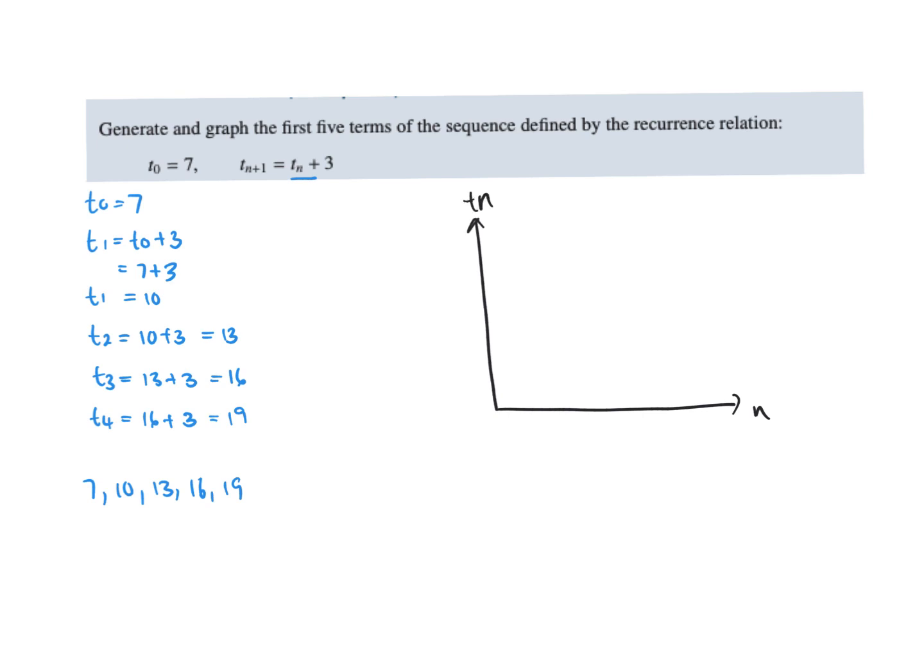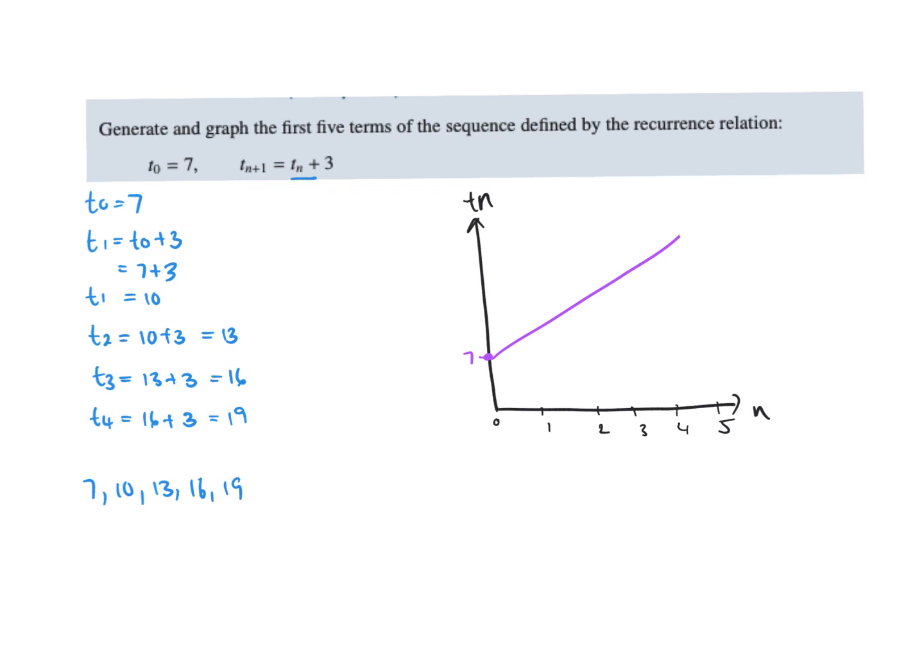So we started at T0, okay, and we go 1, 2, 3, 4, 5, and T0 was 7. So I'm just going to put a dot there, say that's 7, and then I'll draw a straight line up, and we only had to go to 4, didn't we? Sorry.